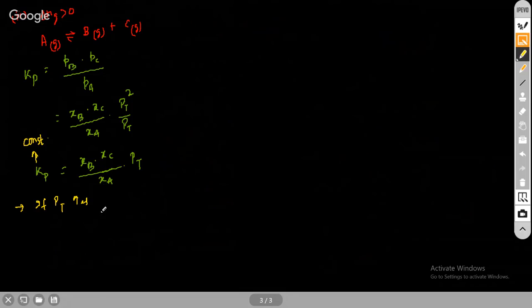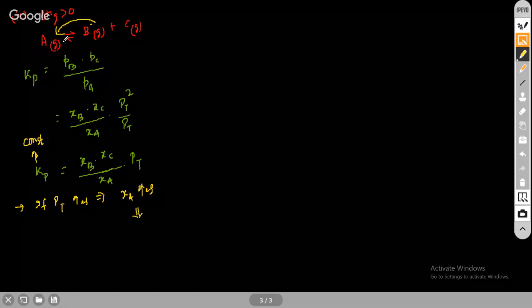Xa is the mole fraction of A, and it will only increase when the number of moles of A increases, and that is only possible when the reaction goes in the backward direction.